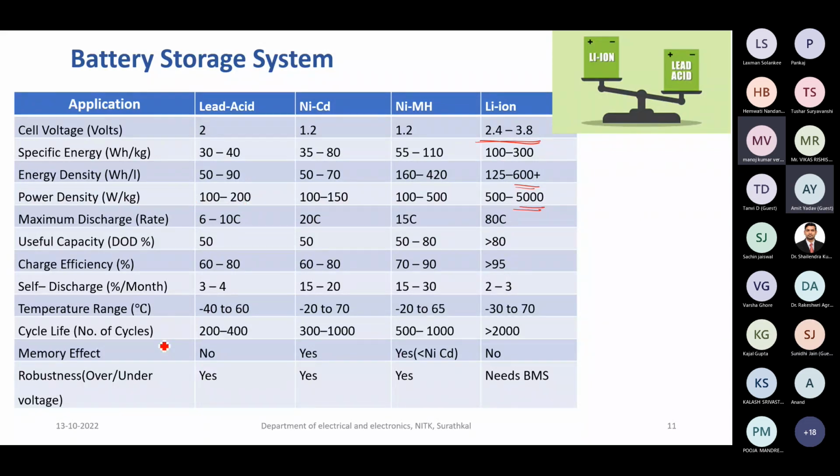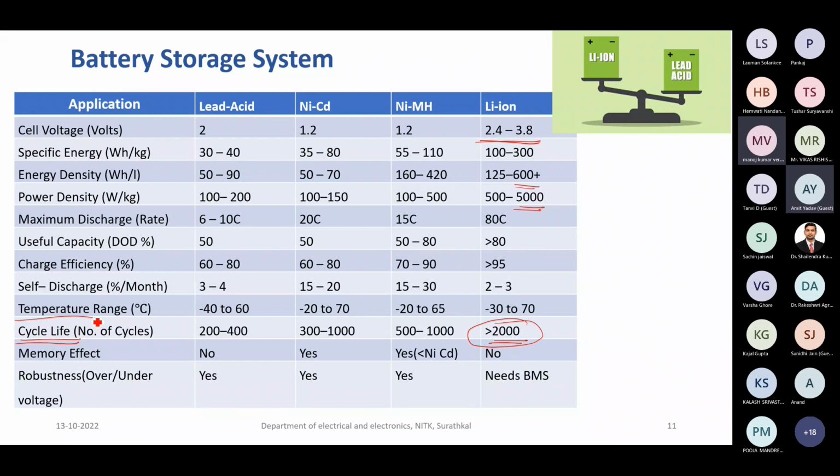Here it is important to see the cycle life, which is more than 2,000. So we want to compare cycle life. Cycle life means completely charging to 100% and discharging. We consider that as one complete cycle, and we count the number of cycles. This can be improved to more than 2000 if you provide a proper battery management system.